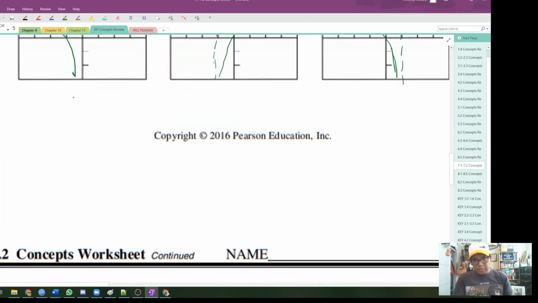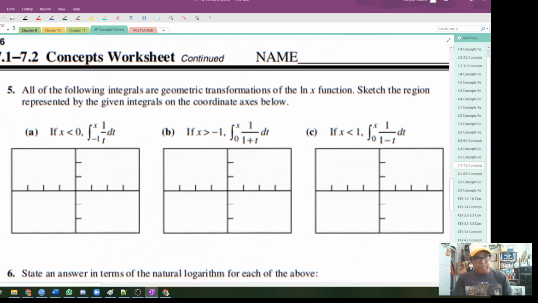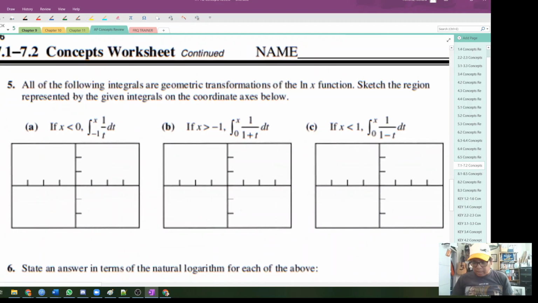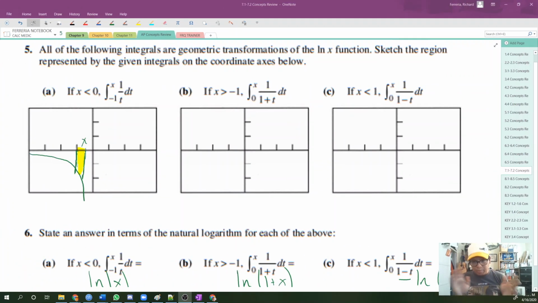So now we're going to take a look at how the area is relating to the graphs of 1 over t shifted over, etc. In 5a, we have the graph of 1 over t, but this time we're graphing it for x less than 0. So if you remember what the graph of 1 over t looks like when x is less than 0, it's basically in quadrant 3. I always mix up quadrant 3 and 4.